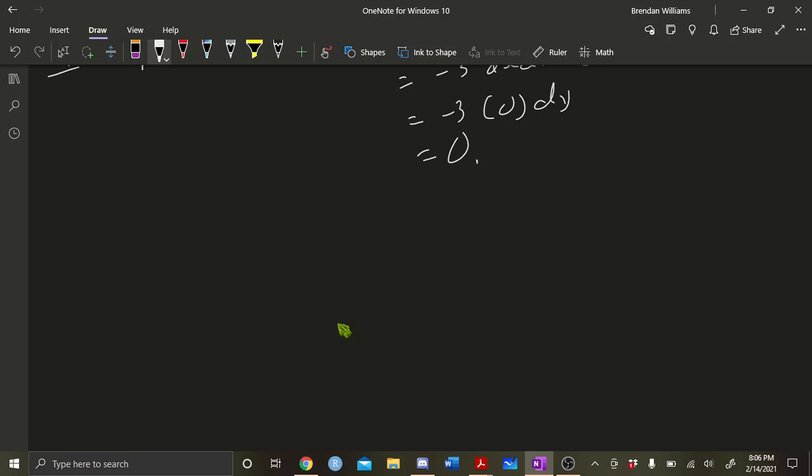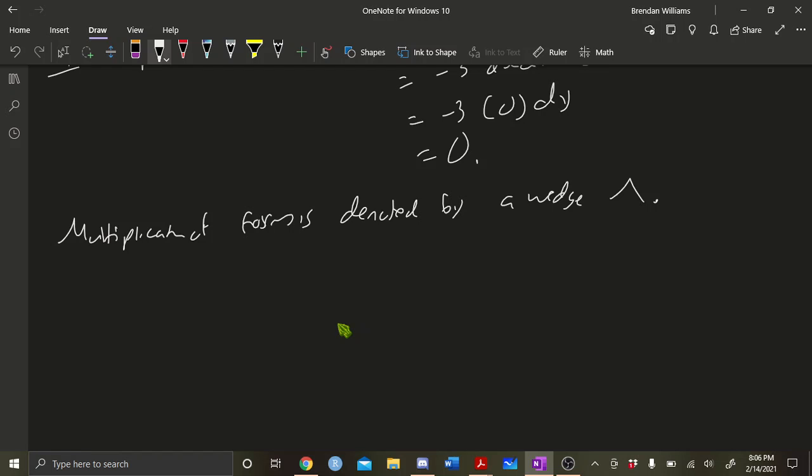Okay, so multiplication of forms is generally denoted by the wedge, and that wedge is drawn like this. And the product of two forms is said to be a wedge product.